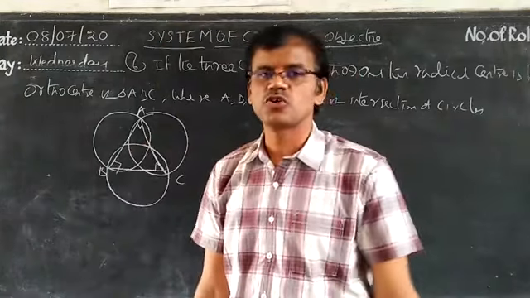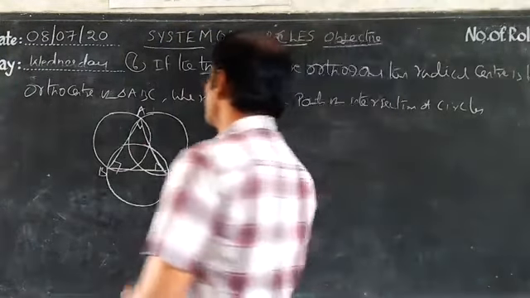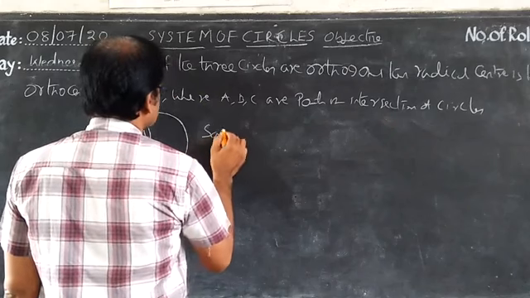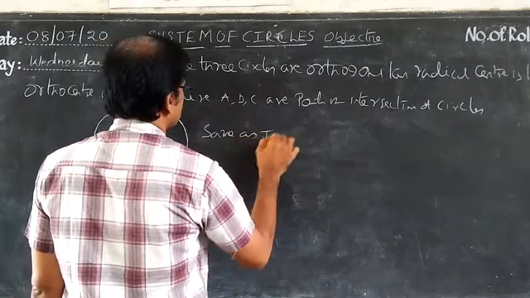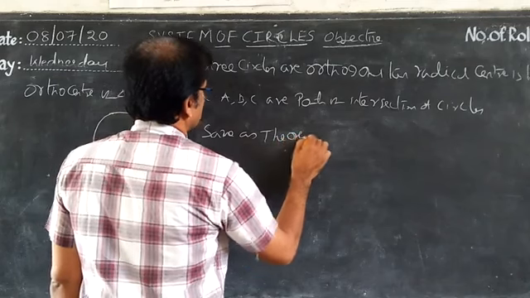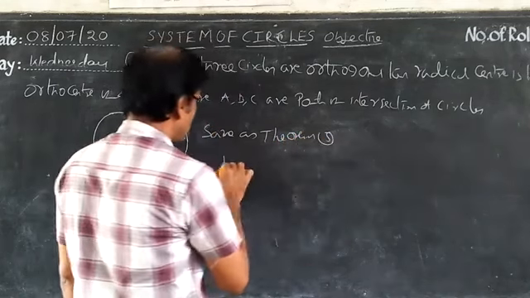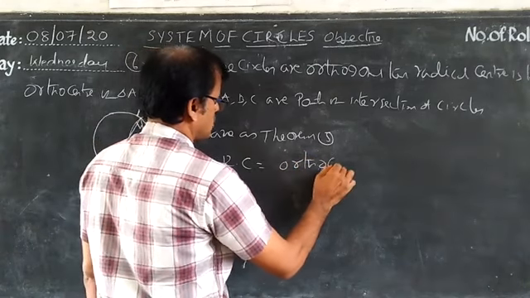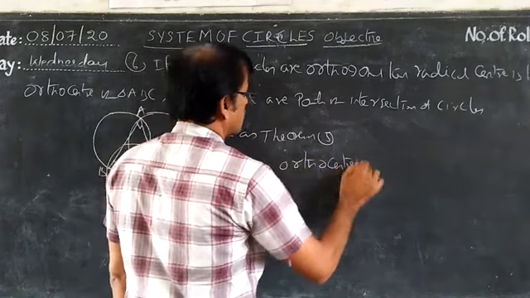Three circles are orthogonal mutually. Similarly, same as theorem 5, radical center is equal to orthocenter.